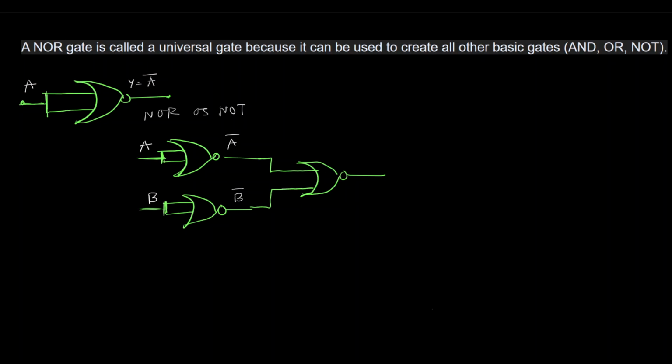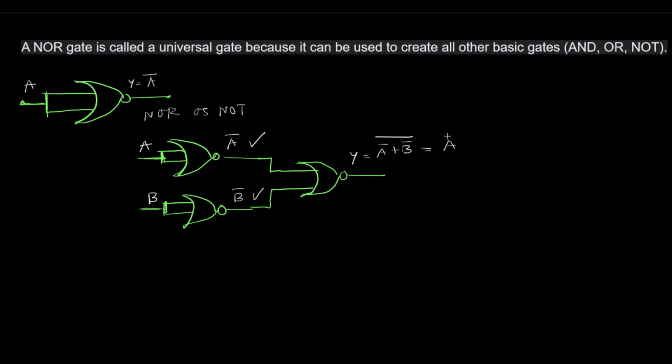Let's see the expression. So y equals this gate will give you (A complement plus B complement) bar. That means here you will get (A complement plus B complement) complement. Apply De Morgan theorem.